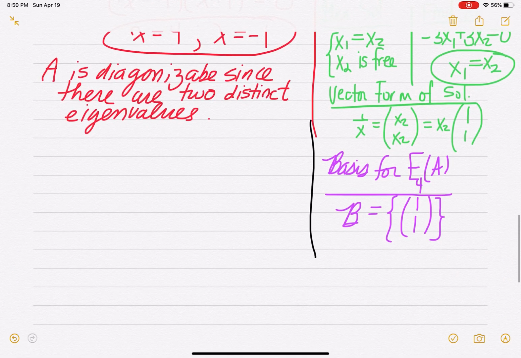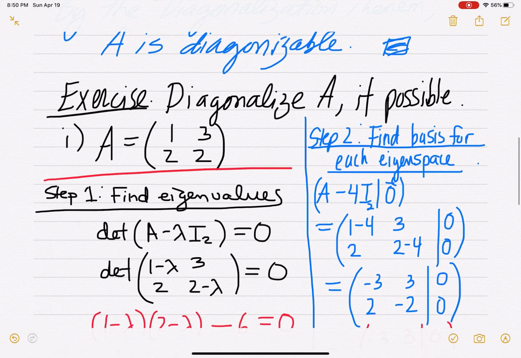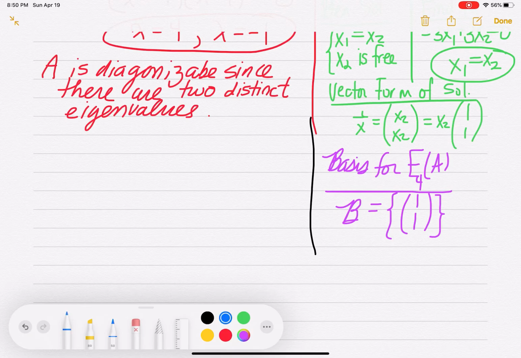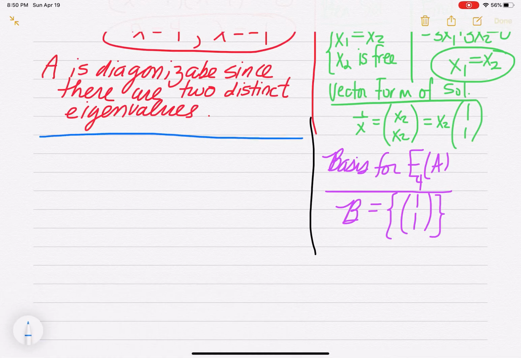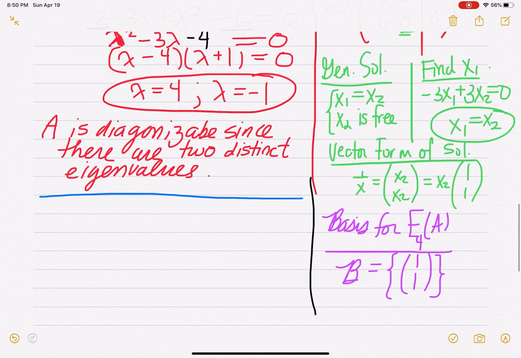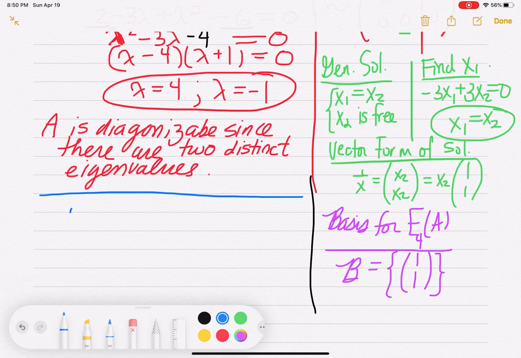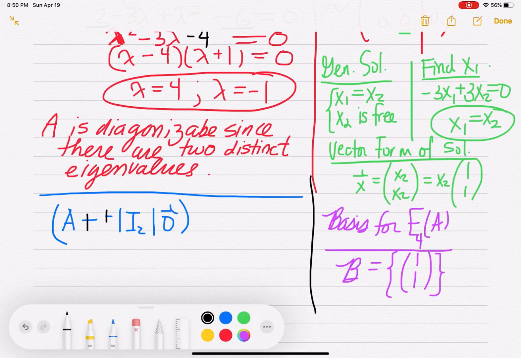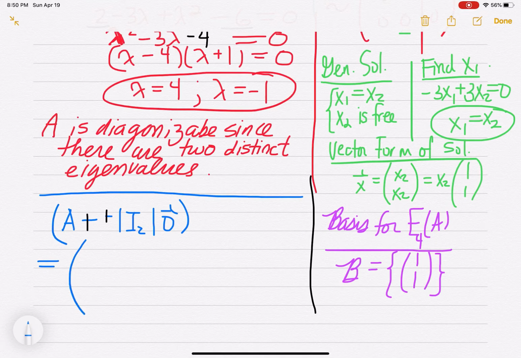So we need to do that again for the other eigenvalue. I'm going to do that here to the left. What was my other eigenvalue? Negative 1, right? So I need to take A minus lambda, negative 1, times I, augmented with the 0 vector. Now that double negative is going to give us a plus. What was matrix A?